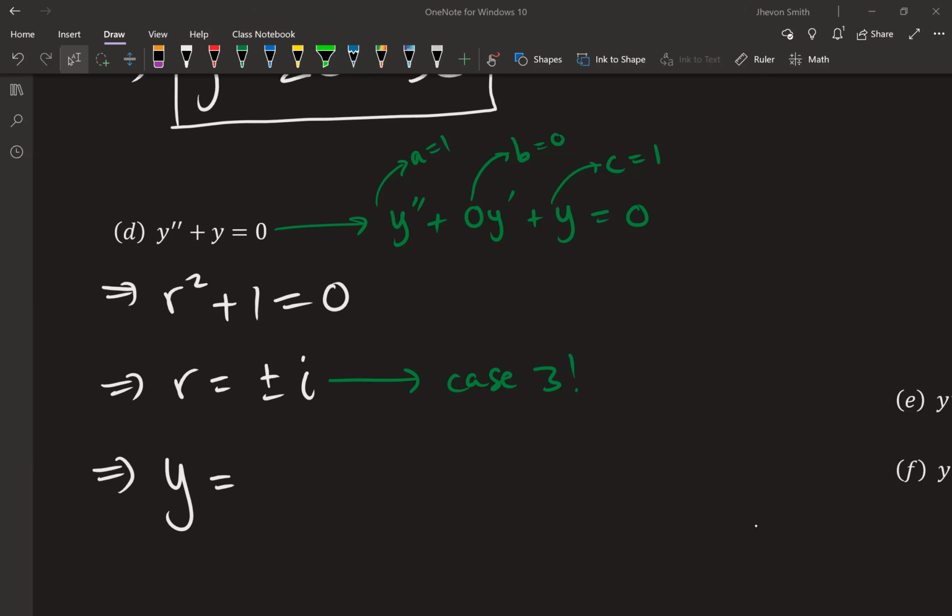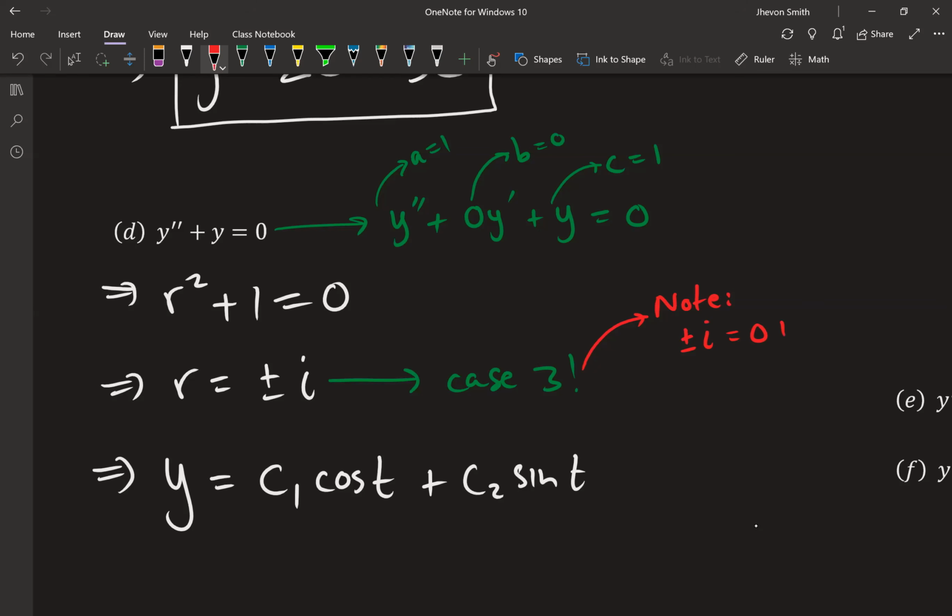Right, this is just c1 cosine t plus c2 sine t. Note, if you look at plus or minus i, this is just 0 plus or minus 1i.